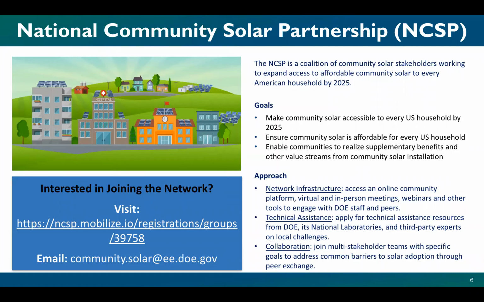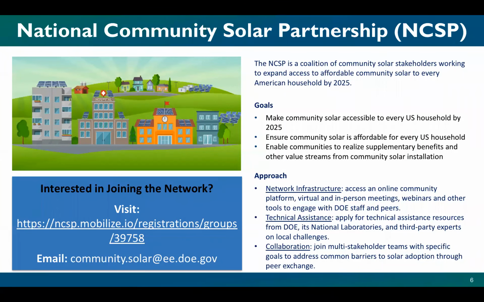It has three goals. The first is to make community solar accessible to every U.S. household. The second is to ensure community solar is affordable for every household. And finally, to enable communities to realize the supplementary benefits and other value streams from community solar installation.